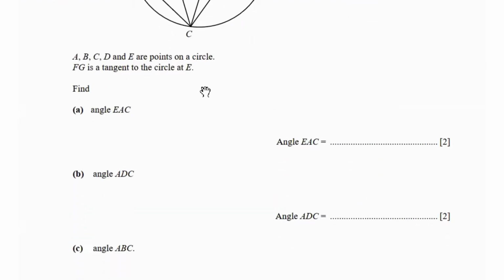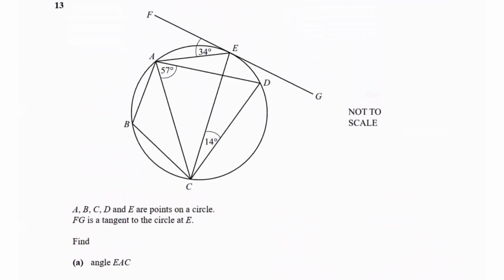Then angle ADC. So let's write this as 14. Angle ADC is this angle. Now to find angle ADC, if you look at this triangle right now, this triangle falls in the alternate segment theorem.